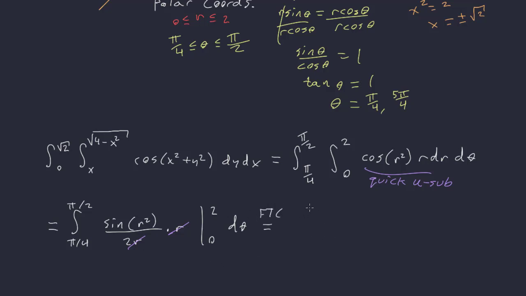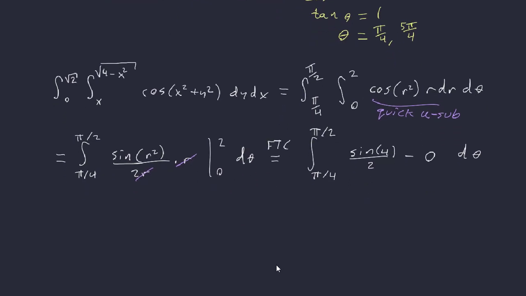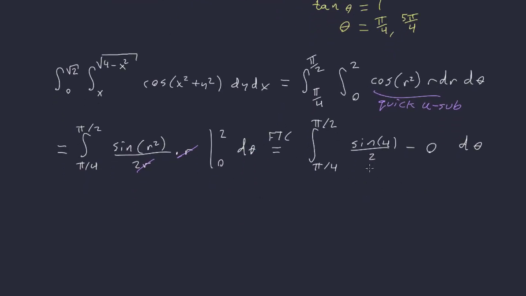Okay? So, applying our fundamental theorem of calculus step, we'll now have the integral from pi over 4 to pi over 2 of sine of 4 over 2 minus sine of 0, which will be 0, d theta. And we're basically done because sine of 4 over 2, that's a constant. So when you integrate a constant, you're just going to have that constant, right?